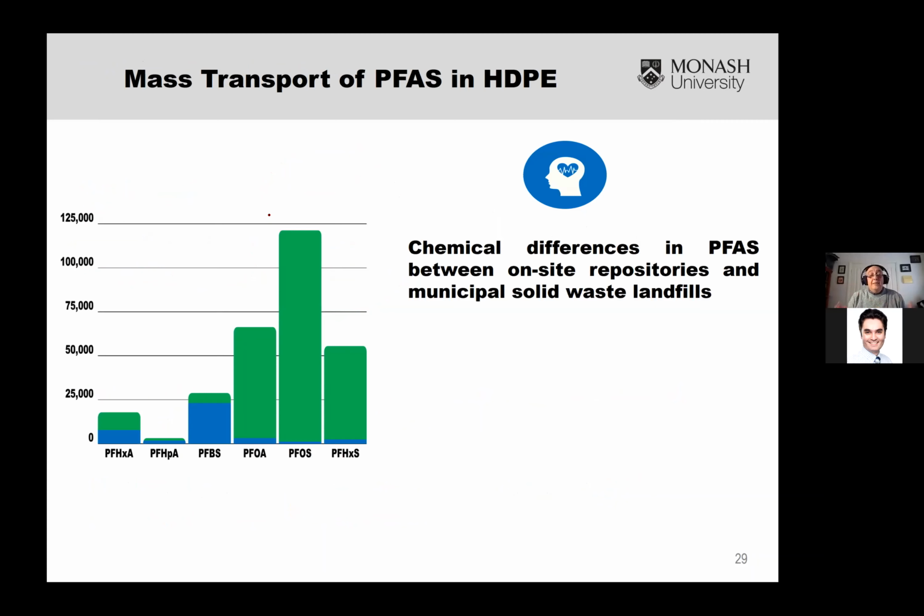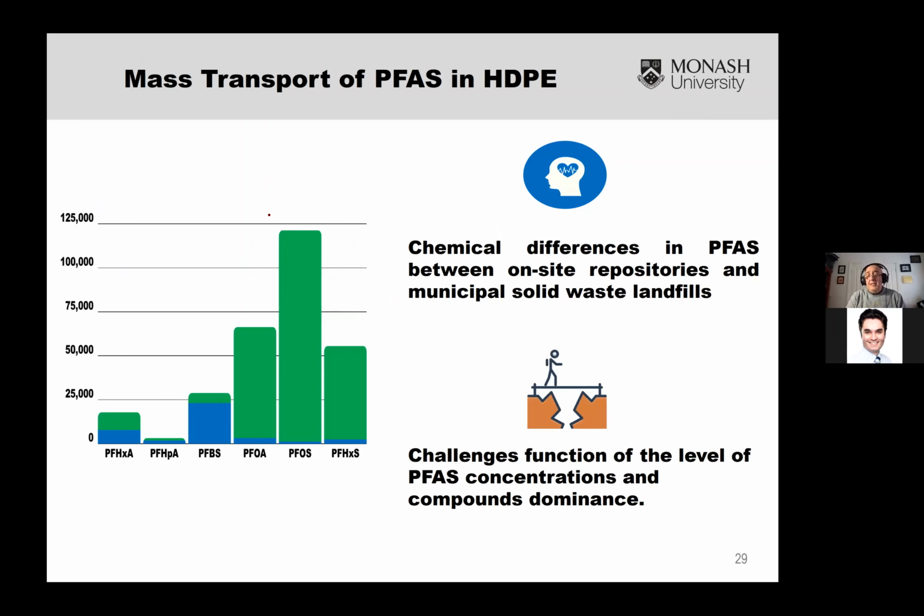Now, when we look at the mass transport of PFAS in HDPE, I think it's very important to be mindful of the chemical differences in PFAS between on-site repositories and landfills. We also need to be aware of the challenges that the geomembrane will experience.